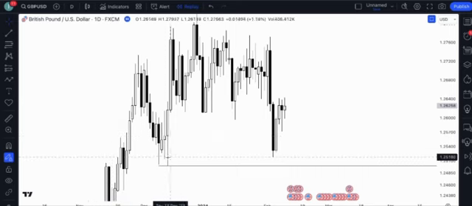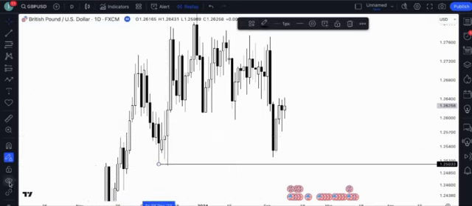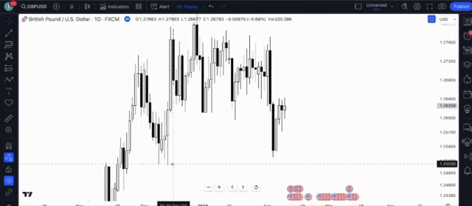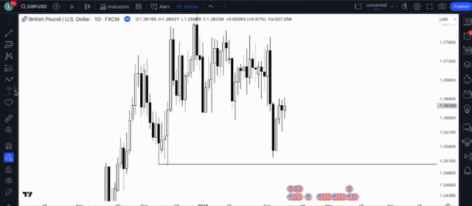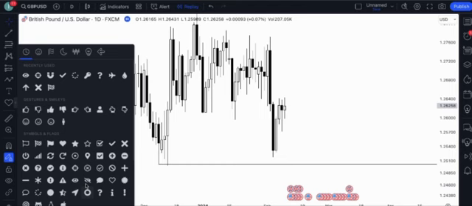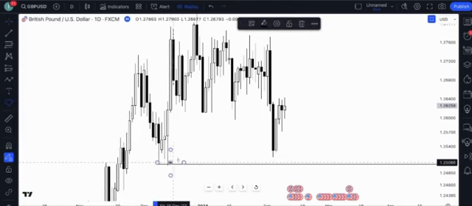So we're targeting the wick, right? The target, the draw on liquidity for us, with the old icon, is the wick down there, right? Because a higher time frame FVG is a lower time frame swing low or high.